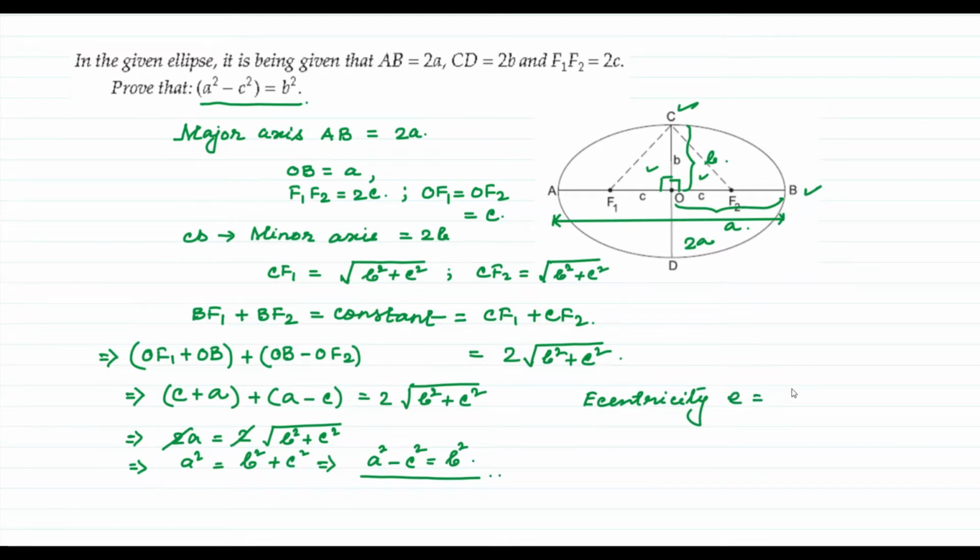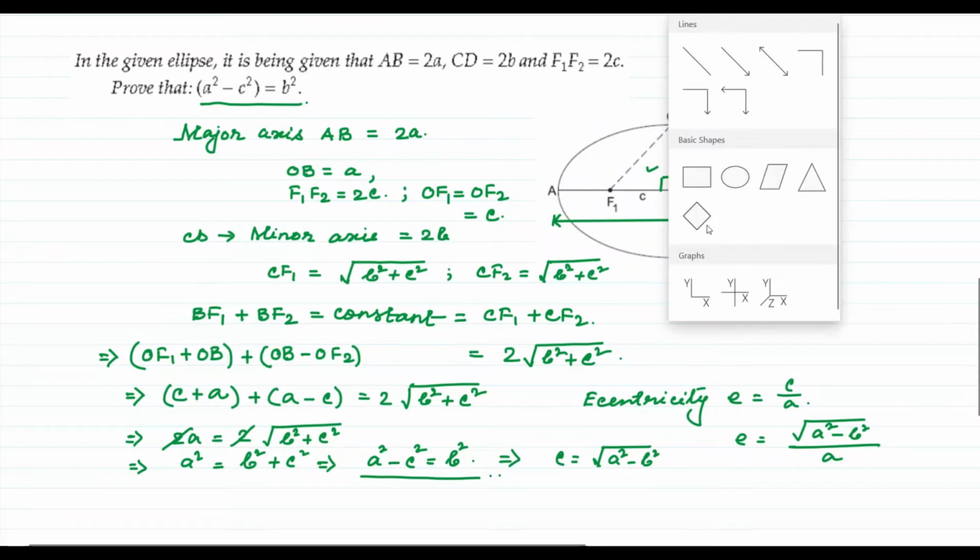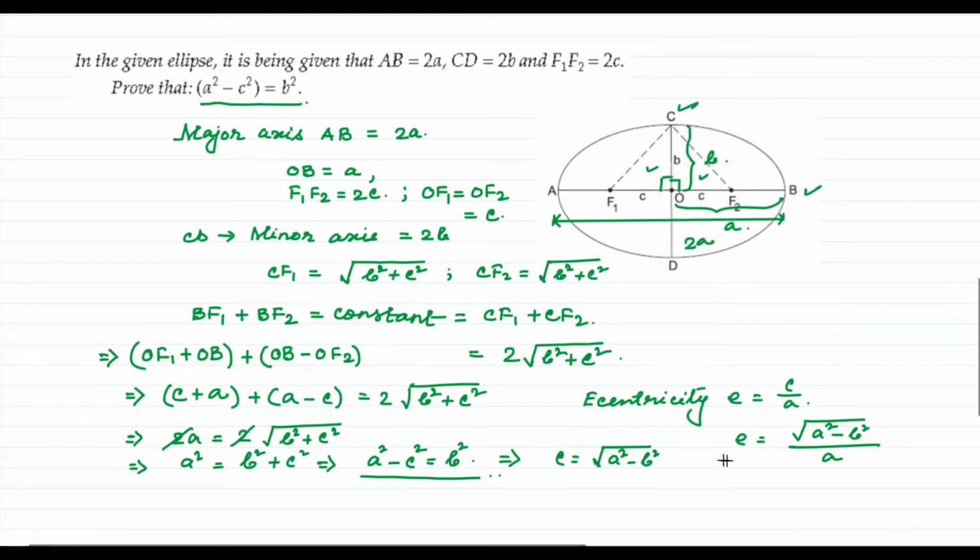Eccentricity e is equal to c by a. And we have already got the value of c, which is root over a square minus b square. So if we put the value over here, root over a square minus b square by a would be the eccentricity of the ellipse.